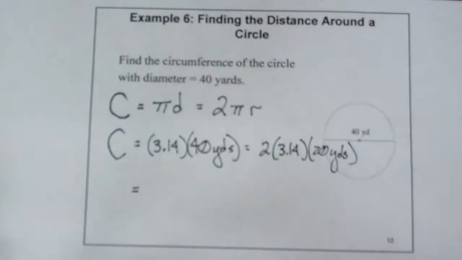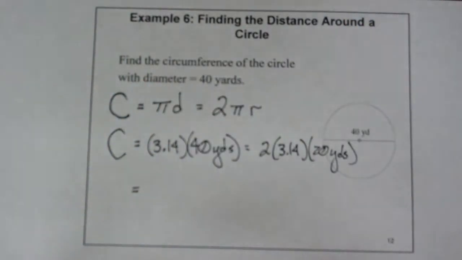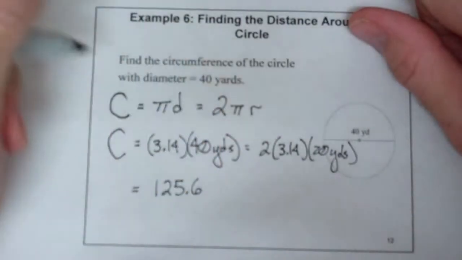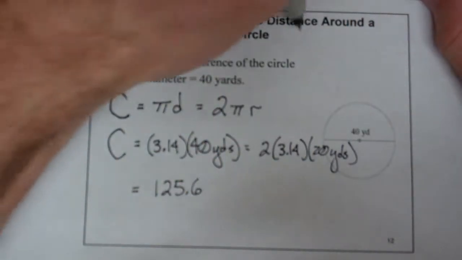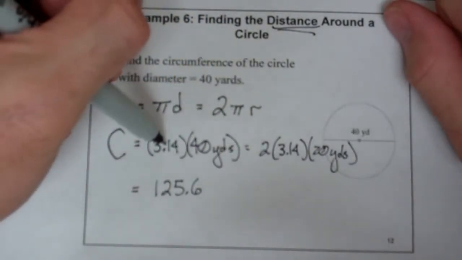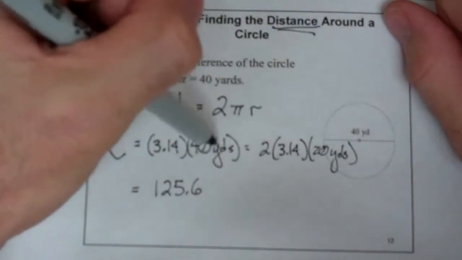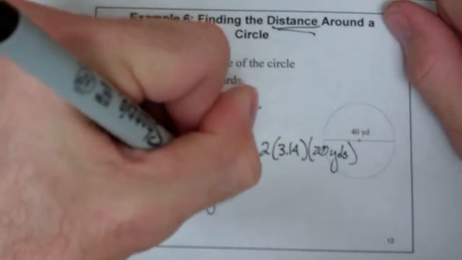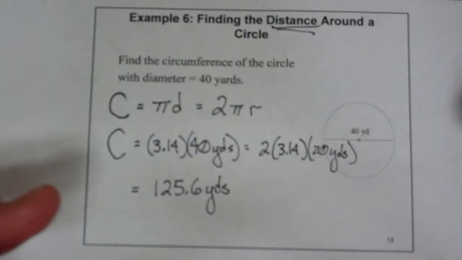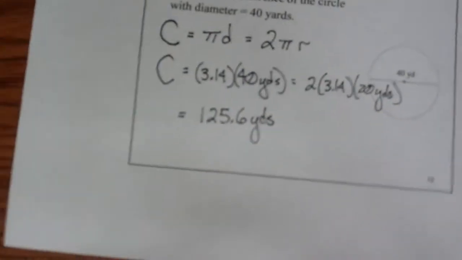Now, of course, these are both going to give you the same answer. 3.14 times 40 is 125.6. And this is a circumference. It's the distance around. You'll notice that the 3.14 doesn't have units, and it's just multiplying by the yards. So the unit is just yards. There's no squared or cubed or anything, because it's just a pure distance. So again, units really important.